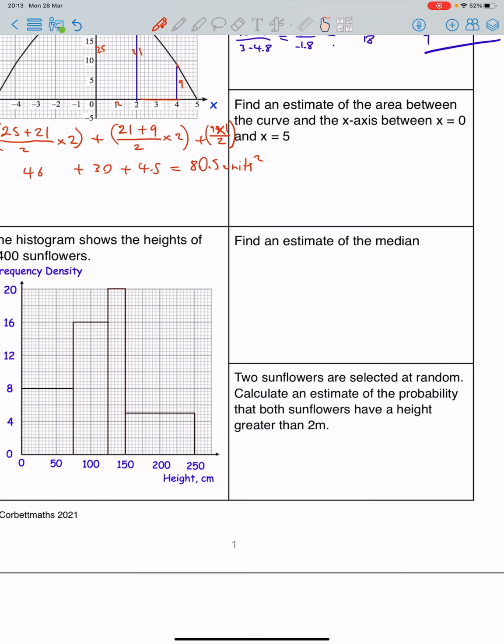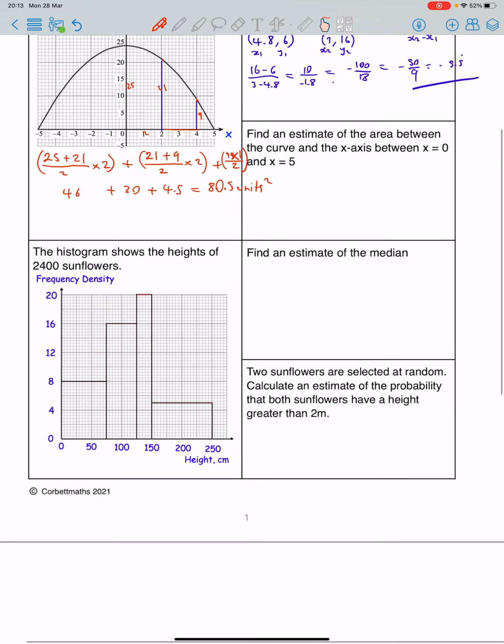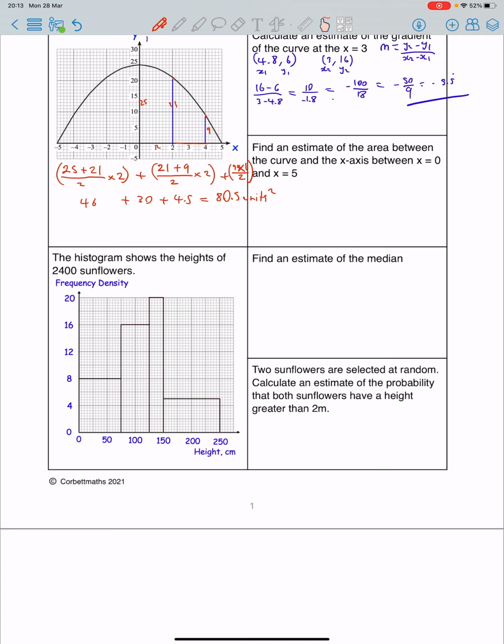So the histogram shows the heights of 2,400 sunflowers. Fun times. And it says find an estimate of the median. Well, first of all, we need to work out, so the median is going to be essentially halfway. So you could do the whole plus 1, then divide by 2.